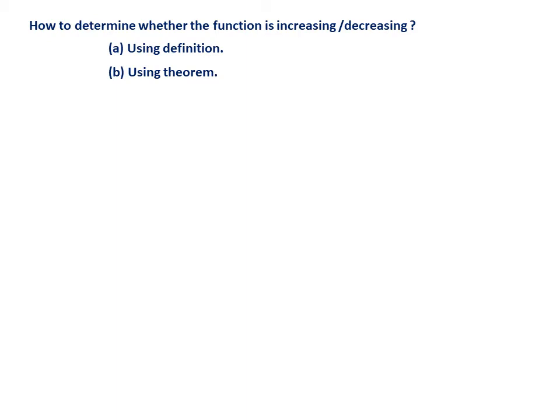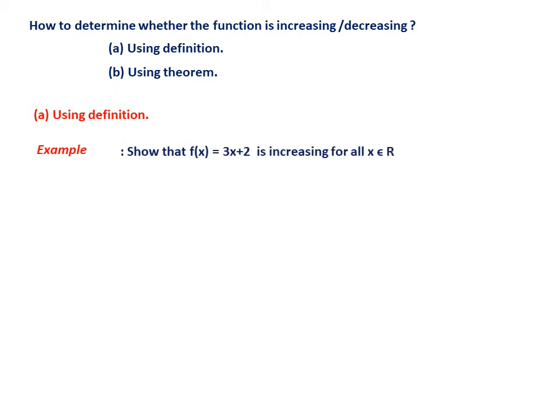So we can decide whether the function is increasing or decreasing using the definition and using the theorem. Let us study both of them. Using the definition, let me see how we can decide whether a given function is increasing or decreasing. Of course, this has a limited application, but let us just see how it can be done.